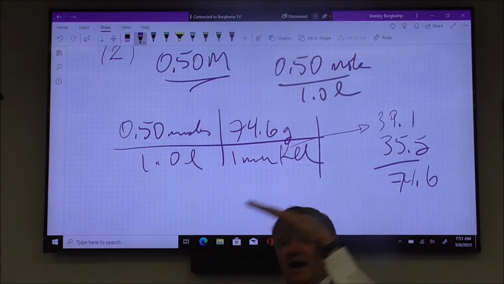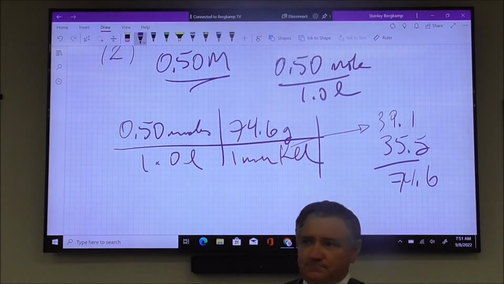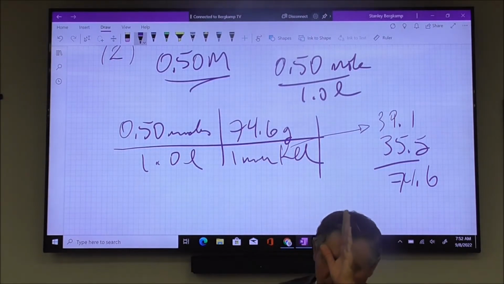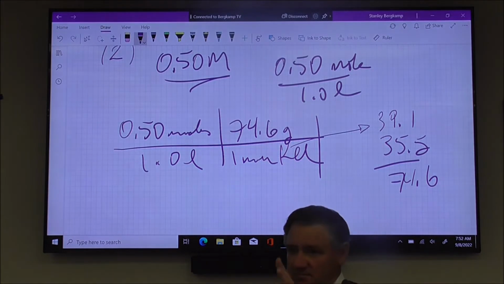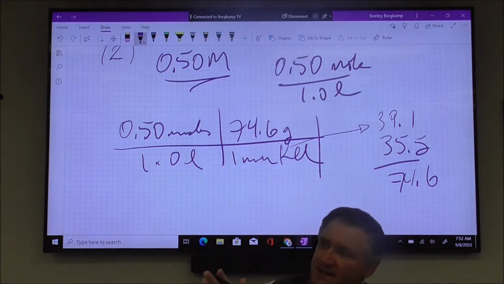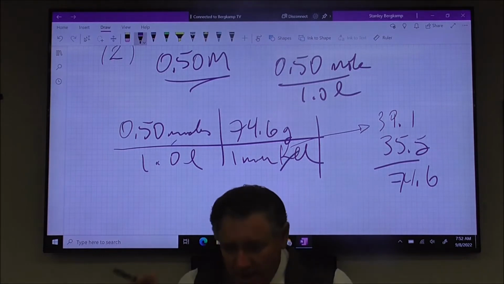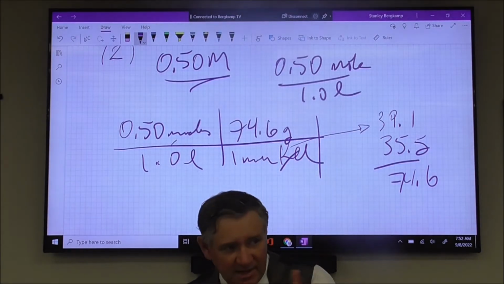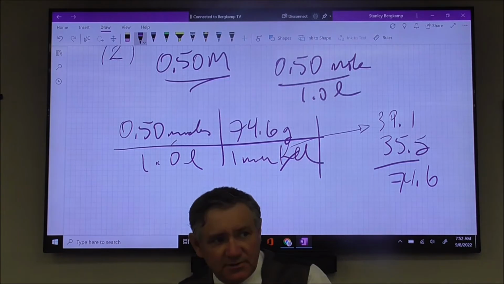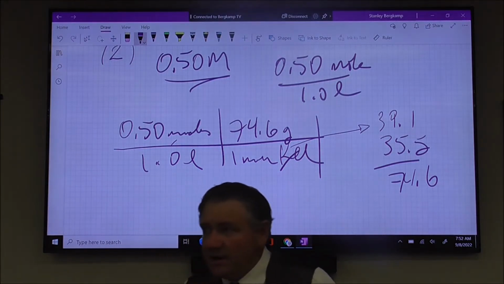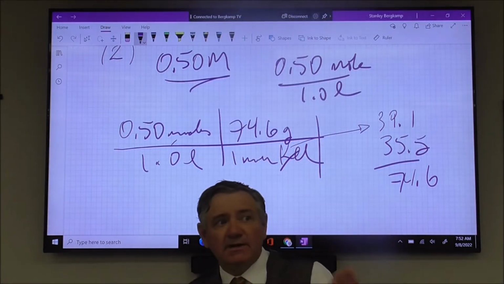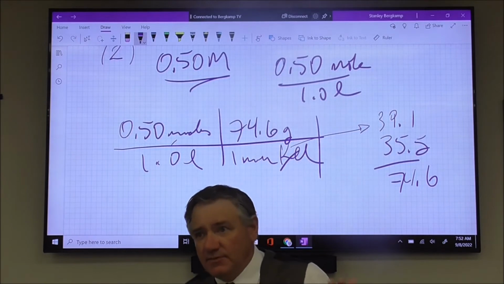Now, if I just stop right now and think your way through the various steps of this problem, I have grams per liter. If I were to mix up an entire liter of this stuff, this would tell me how many grams I would need. But I don't need that much.